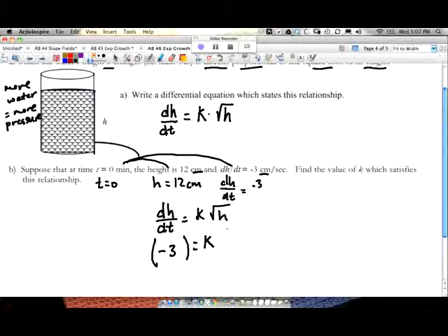And the h here is 12, so that's going to be square root of 12. So what does k equal? k is going to be equal to negative 3 over square root of 12. Technically, that's plenty fine. We can just leave it there. Nothing else required. That was it. That's all you needed.